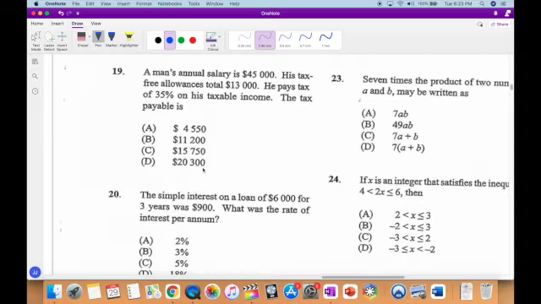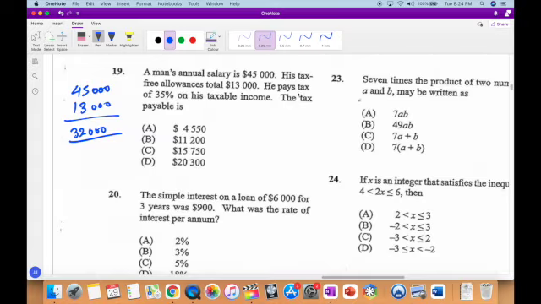A man's annual salary is $45,000. His tax-free allowances total $13,000. All right. So he has $45,000, and $13,000 cannot be taxed. So 45 minus 13, it means that 32,000 can be taxed, right?